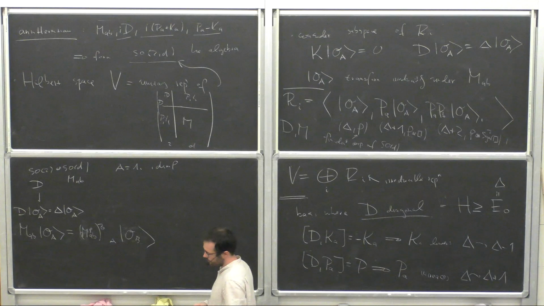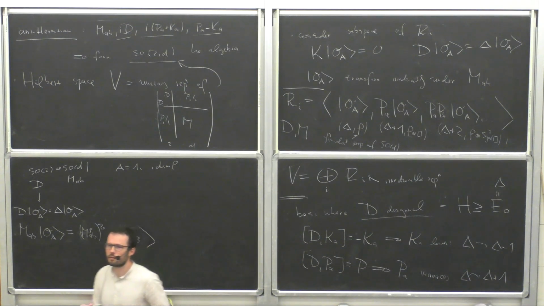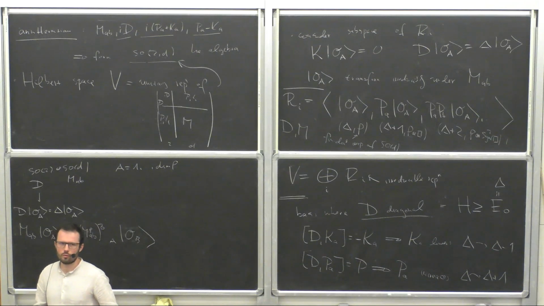So the question is why can we always find a basis in which D is diagonal? Why is a state represented by K also an eigenstate of D?